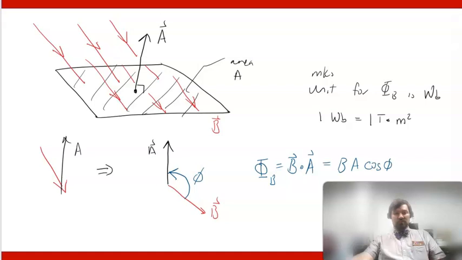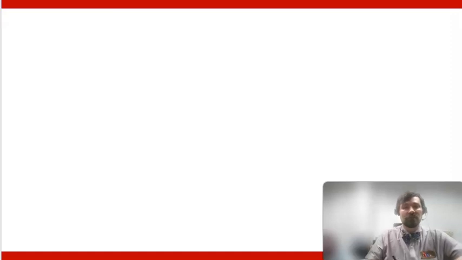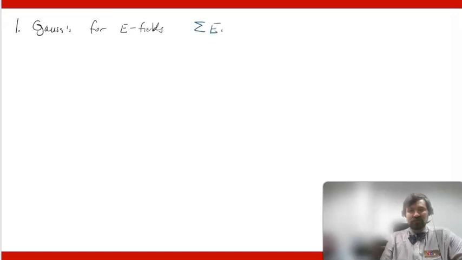So from there, really, we have to make a couple of notes. One of them is that in Gauss's law for E fields, you basically ended up getting that the sum of E dot A for a closed surface was equal to Q enclosed, the amount of charge enclosed, over epsilon naught.